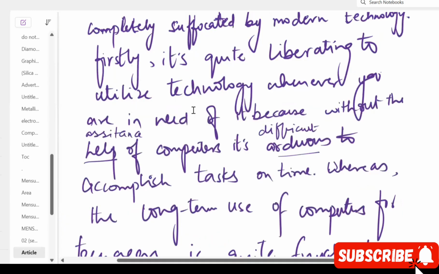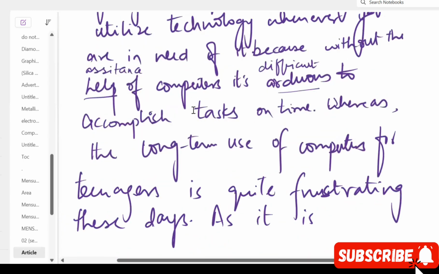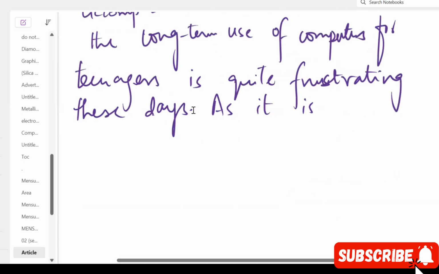So, as it is, stopped thinking. How are we going to embed this word stopped?